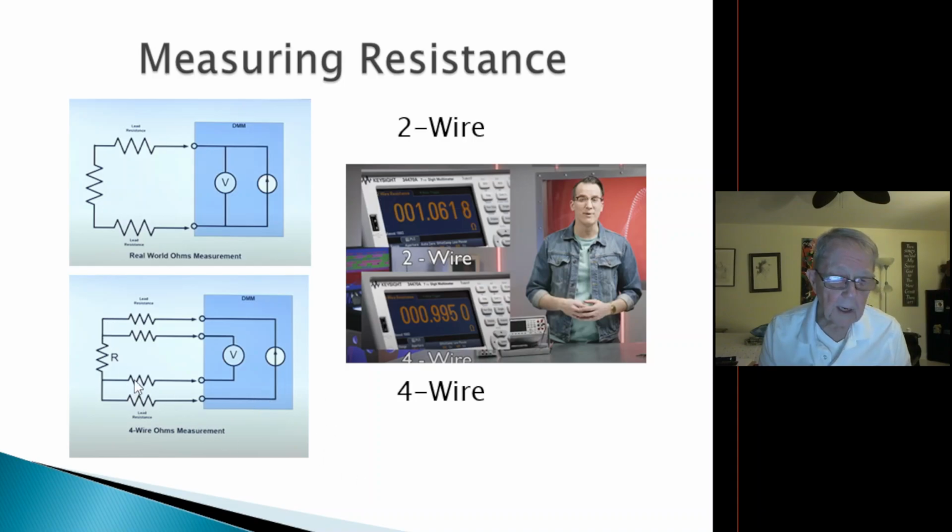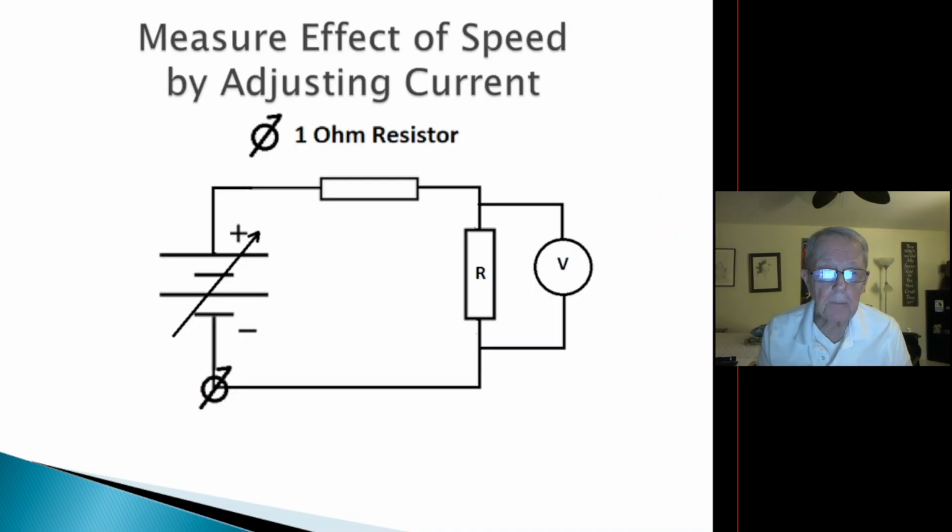Because the voltmeter is very high impedance, there's almost zero current here, so you get a better measurement. Here he shows an example of measuring a 1 ohm resistor. 2-wire gets 1.06. 4-wire, he gets 0.995. A lot closer to 1 ohm, and presumably that difference is the lead resistance. So I'm going to be doing 4-wire measurements on my resistors, standard voltage measurements, and see what goes there.